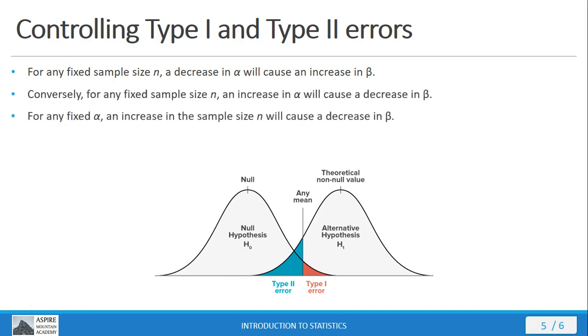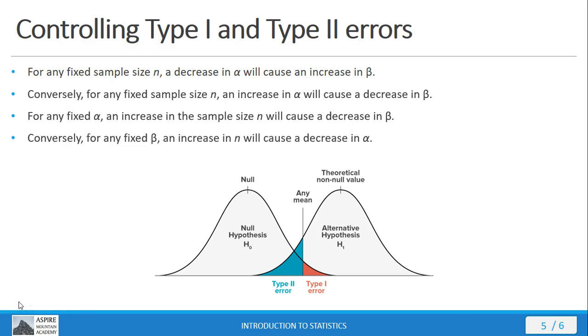For any fixed alpha, so if we fix the size of this tail, then by changing the sample size to change the size of the distribution, we'll get a decrease in beta. And the converse is also true. For any fixed beta, an increase in the sample size will give us a decrease in alpha.